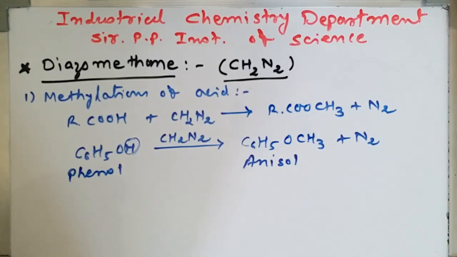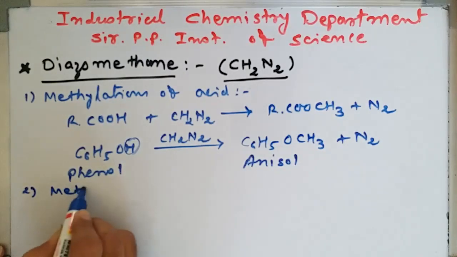Since the conditions of methylation are very mild, the reagent is of great importance for methylation of compounds sensitive to strong acids. So these are methylation of acid and phenol. Now we see methylation of alcohol.